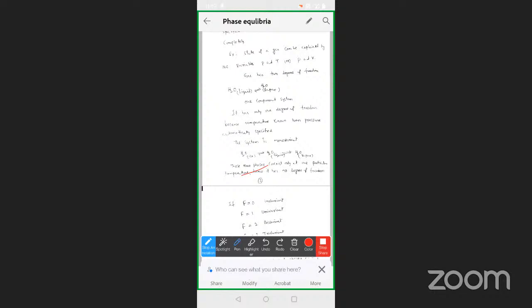When you change the temperature, these 3 phases will not exist. Hence it has no degrees of freedom. So at this condition, it is invariant.